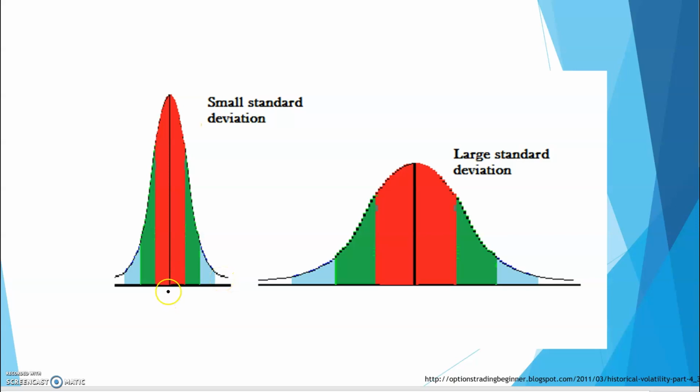So if this is my mean, and I look at this data value right here, notice that they're pretty close to each other. If I look at the overall spread right here, it's pretty little. All your data values are pretty close to the mean. So little variation, small standard deviation. Here's your mean. If I have data values way out here, they're pretty spread out far away from the mean. So large variation, large standard deviation.